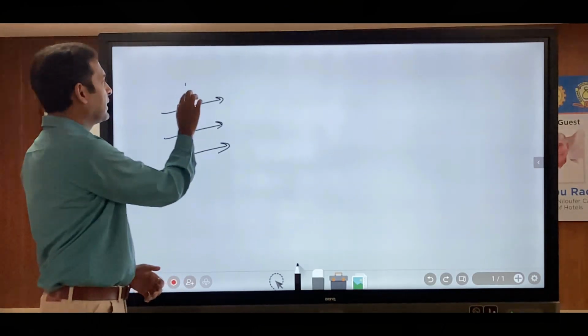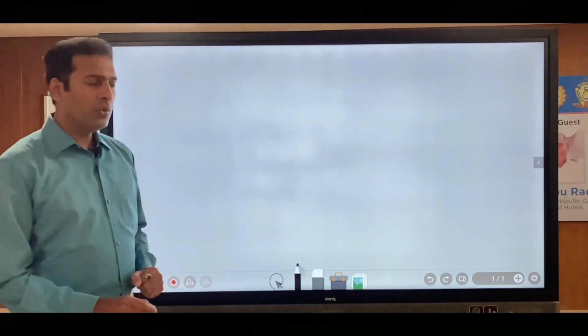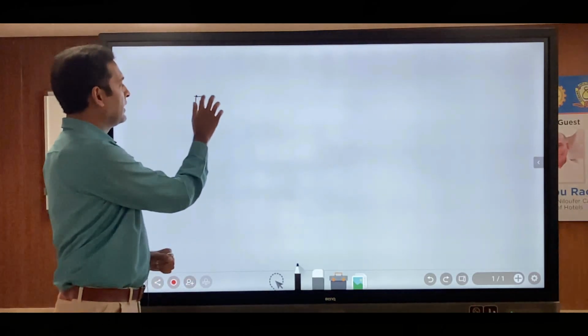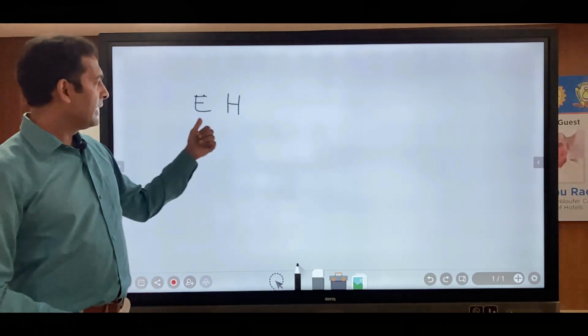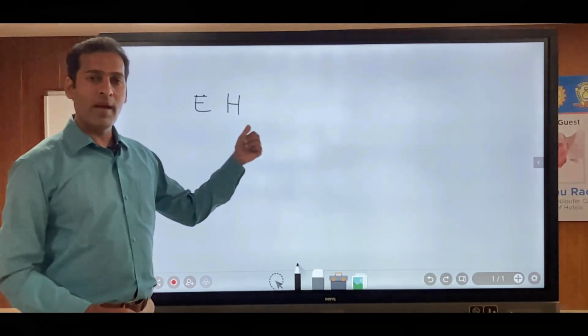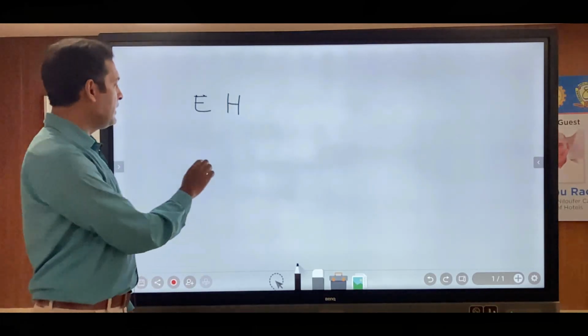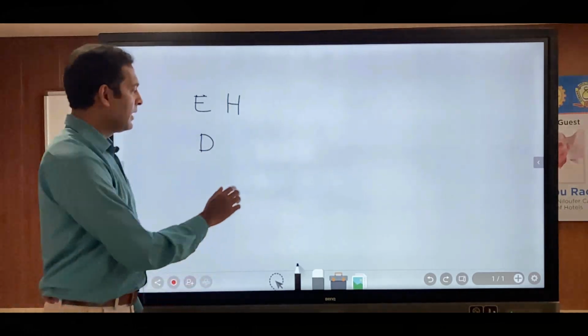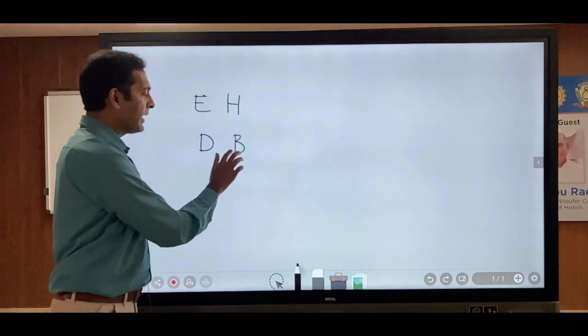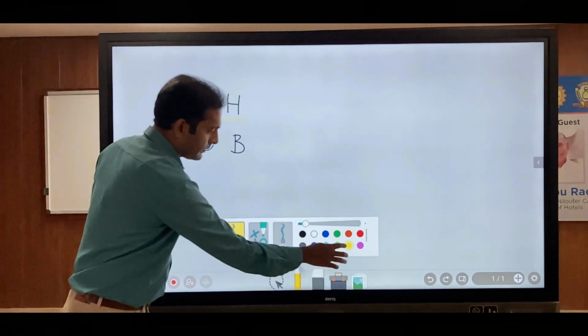So we have 2 intensities and 2 densities. The intensities are E and H. One is electric field intensity, another one is magnetic field intensity, and we have 2 densities. One is electric flux density and another one is magnetic flux density.